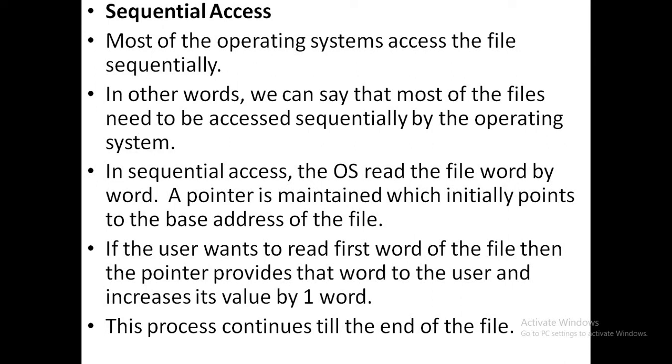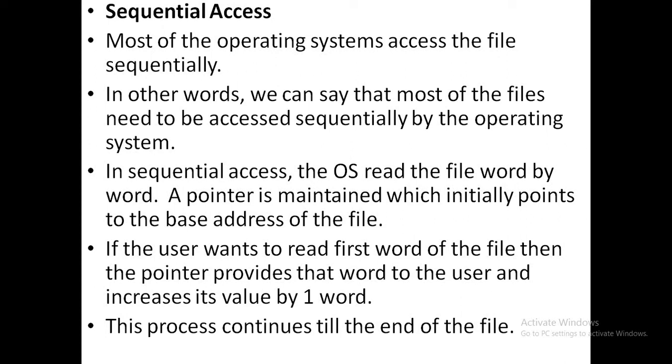Most of the operating systems access the file sequentially. In other words, most of the files need to be accessed sequentially by the operating system. In sequential access, the operating system reads the file word by word. A pointer is maintained which initially points to the base address of the file.